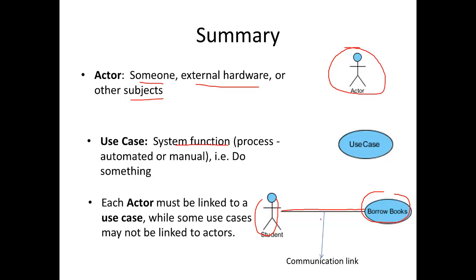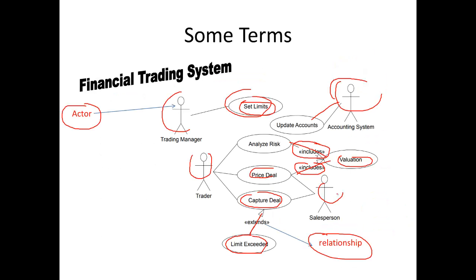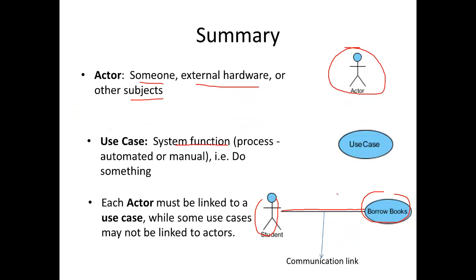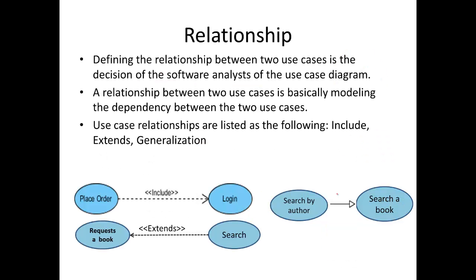That means this actor performs these use cases. These are the symbols we use in the use case diagram. For the relationship we already talked about, it's between two use cases in the use case diagram.